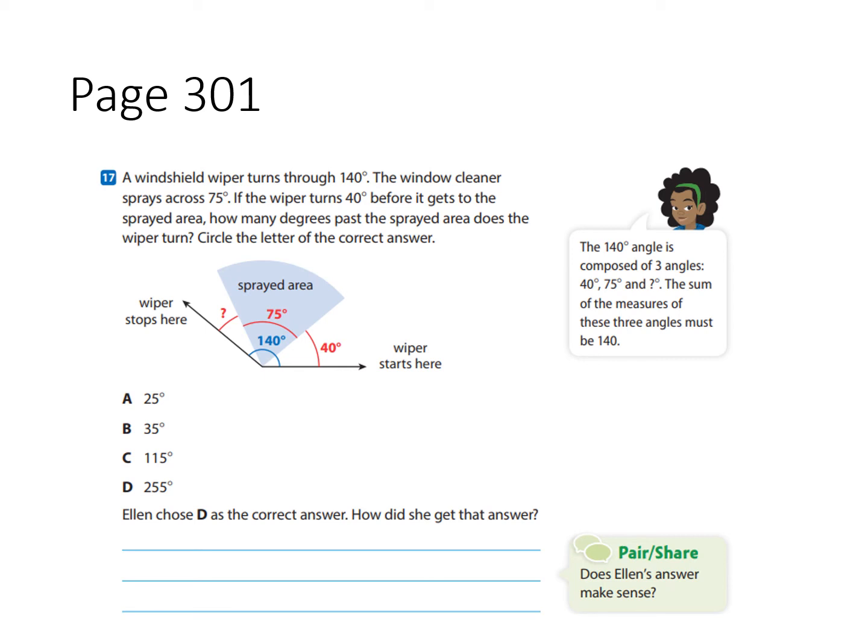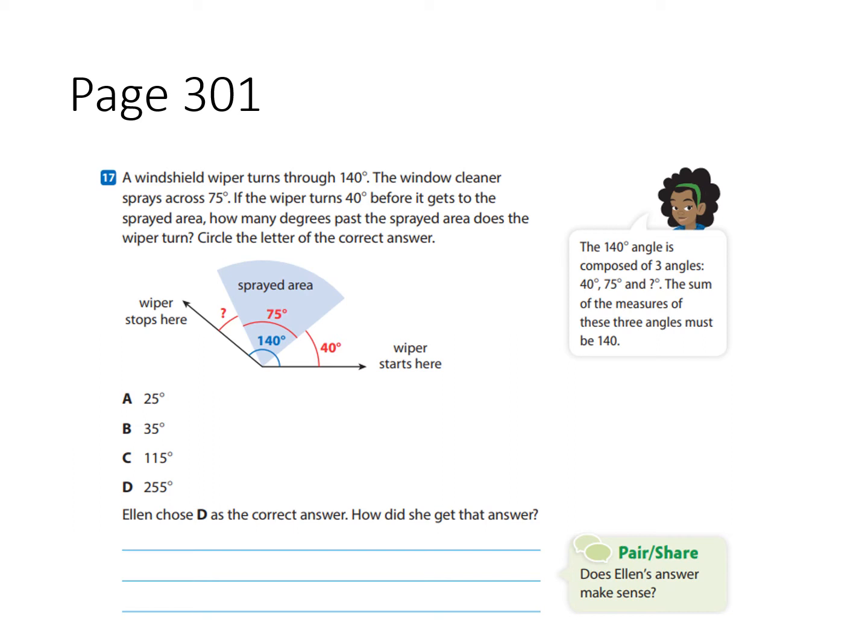All right, the next problem on page 301 says, a windshield wiper turns through 140 degrees. The window cleaner sprays across 75 degrees. If the wiper turns 40 degrees before it gets to the sprayed area, how many degrees past the sprayed area does the wiper turn? I circle the letter of the correct answer.